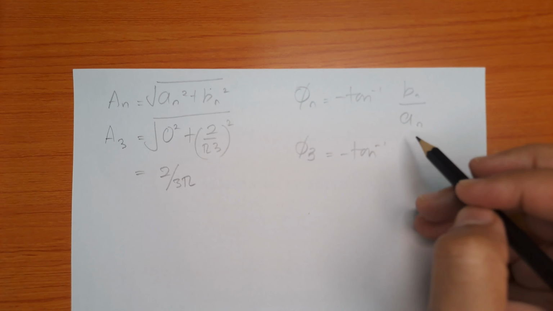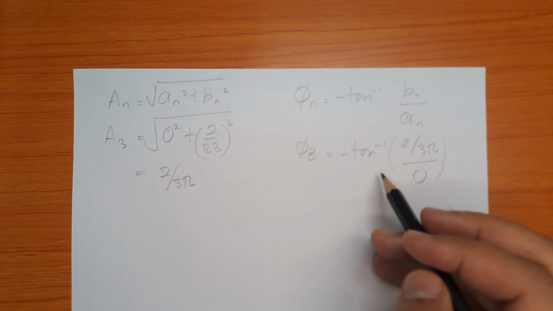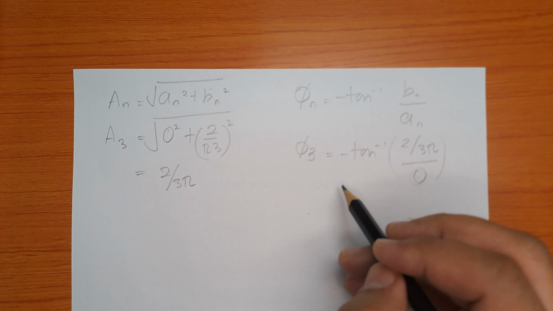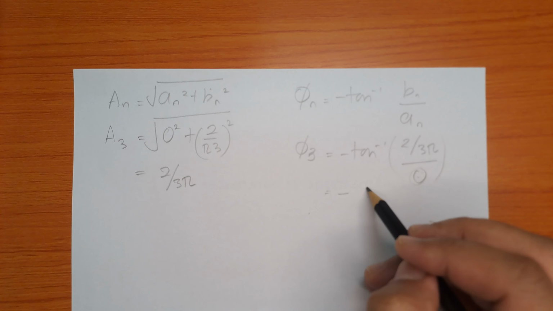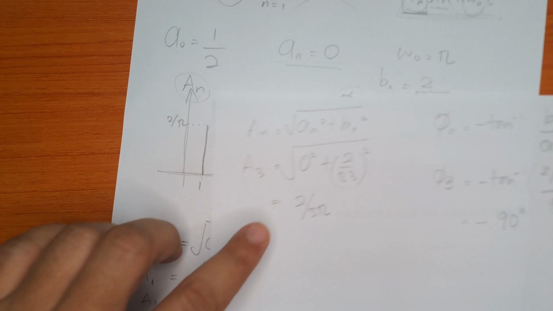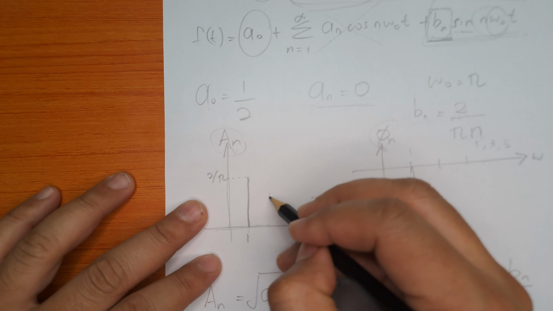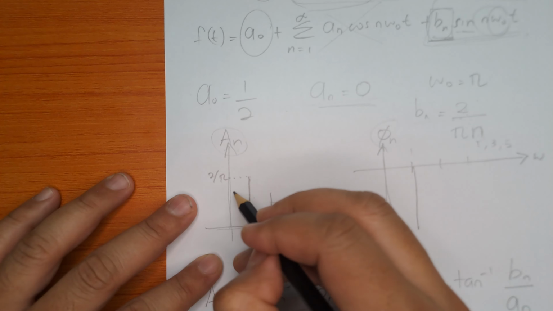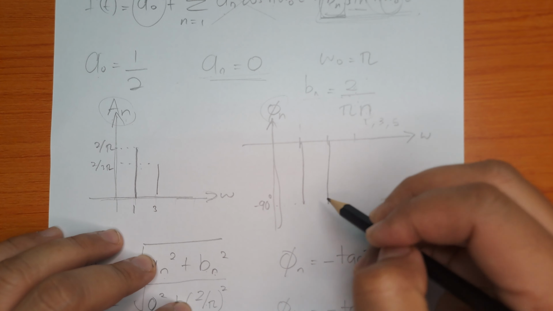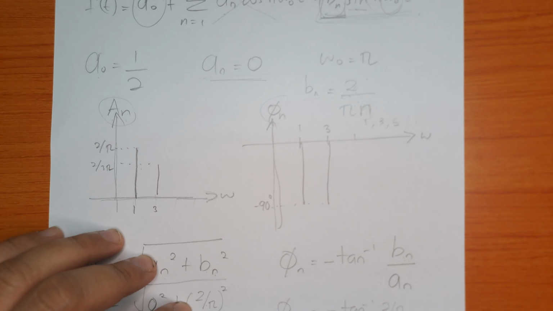Same thing, because an is 0, this becomes infinity, a large value, then inverse tan of a large value or infinity will get 90 degrees, so you get negative 90 degrees. So the second term is 2 over 3 pi, and same thing for the phase, 90 degrees.